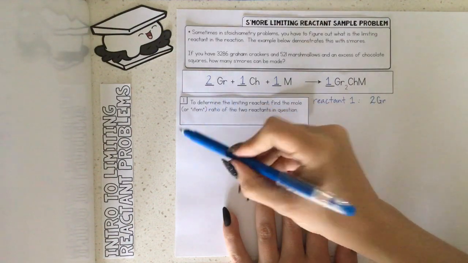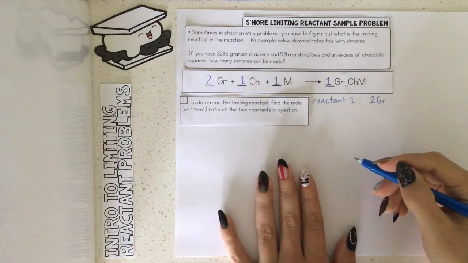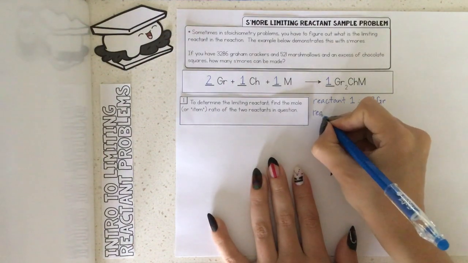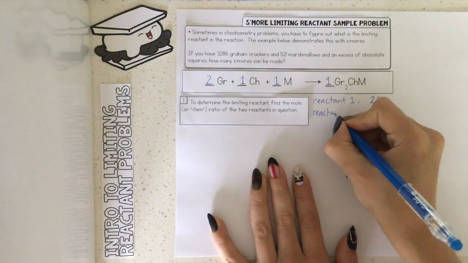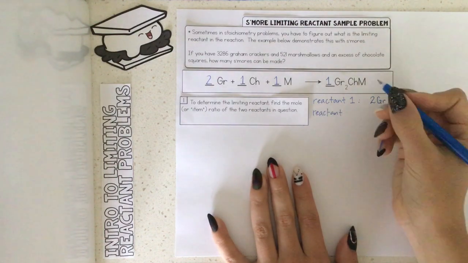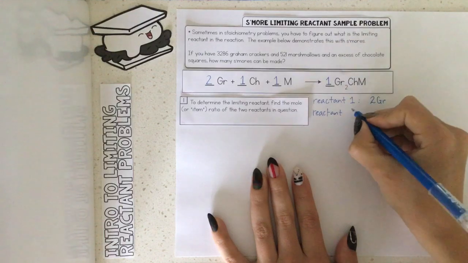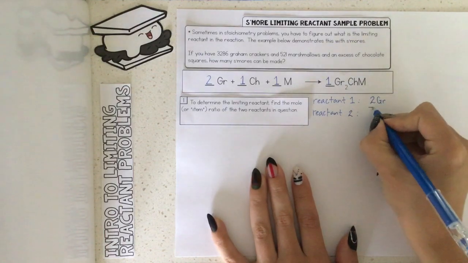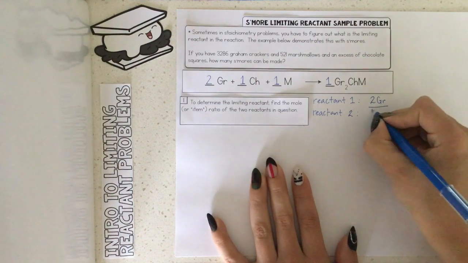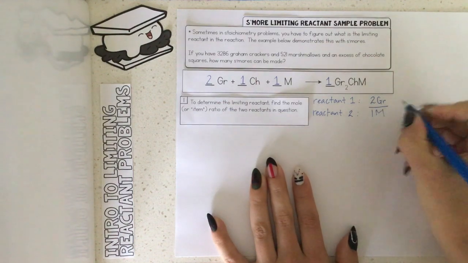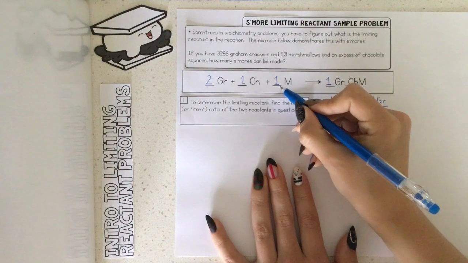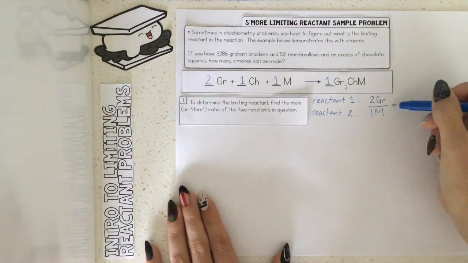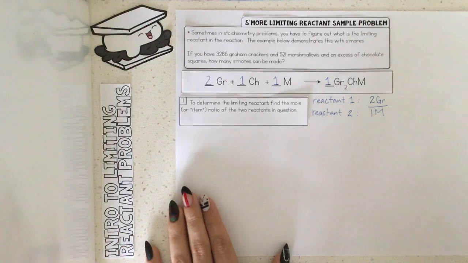You need 2 graham crackers for every 1 s'more that you make. The other reactant that we have to worry about is our marshmallows. A 1 here because for every 1 marshmallow you make 1 s'more. So this is the mole ratio that we'll be using.